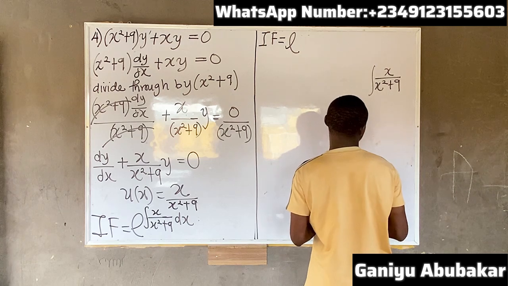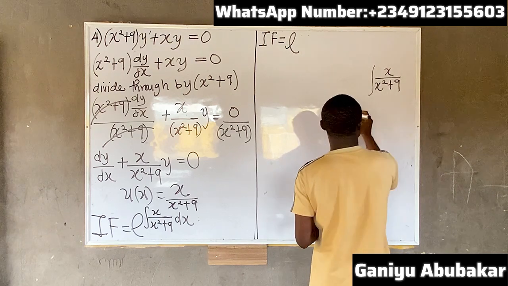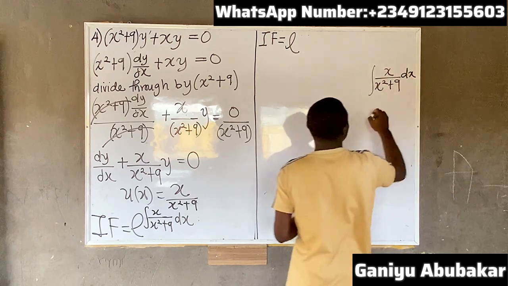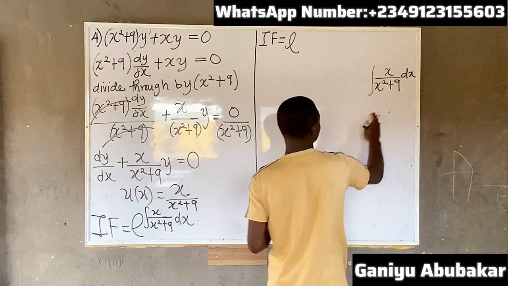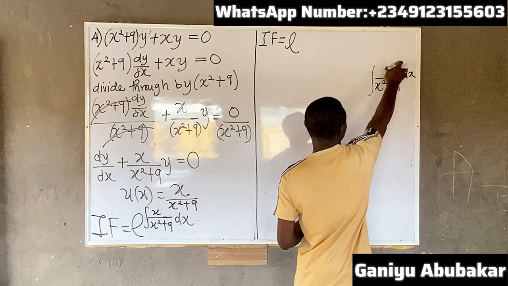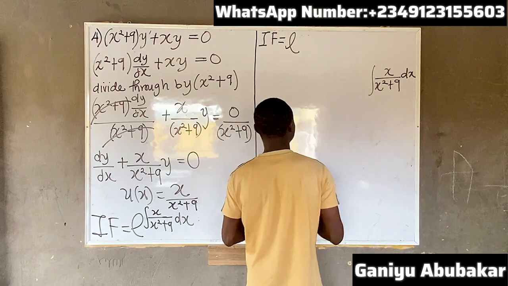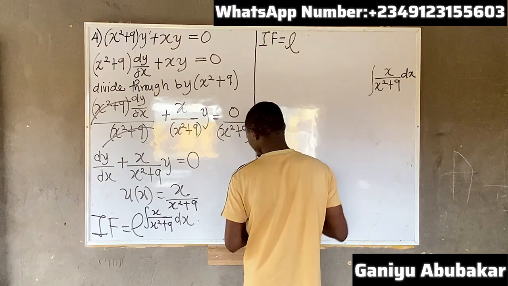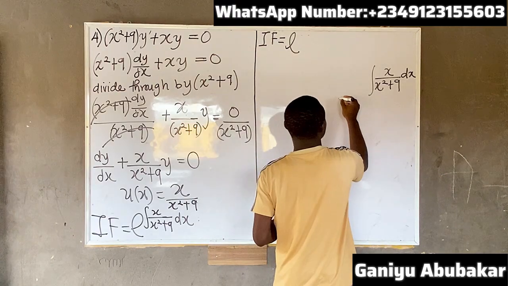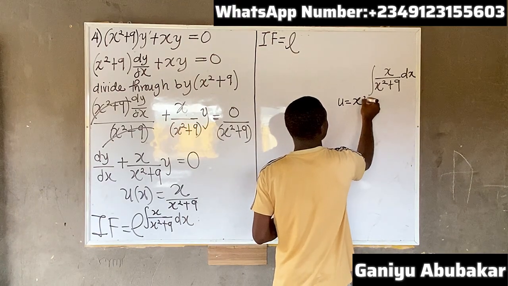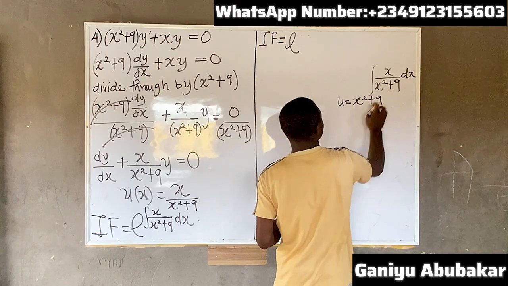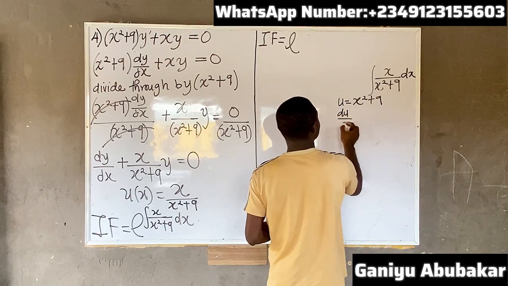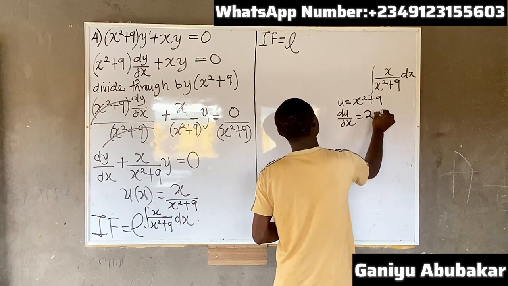With respect to x, of course, I'll apply the substitution method here, because if I differentiate this one, it can cancel the numerator. So apply the substitution method. Let u be equal to x squared plus 9. So du/dx gives you 2x.